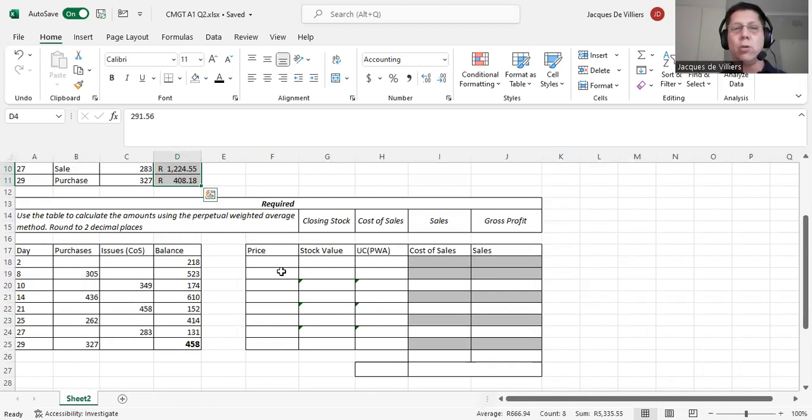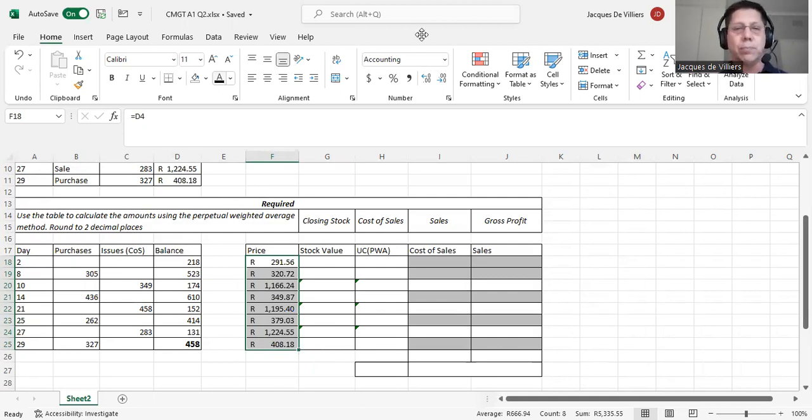So I suggest you draw a table like this. I take the given prices and put them in this column so that it's easier for me to work with them. Okay, so I don't have to scroll back every time. I am basically continuing the table using the balances that I've just had, and I transfer the prices.